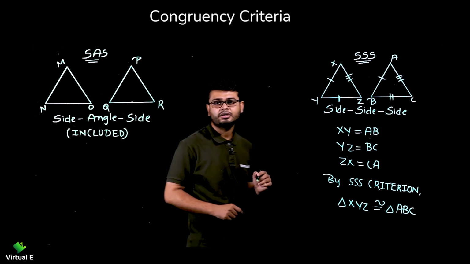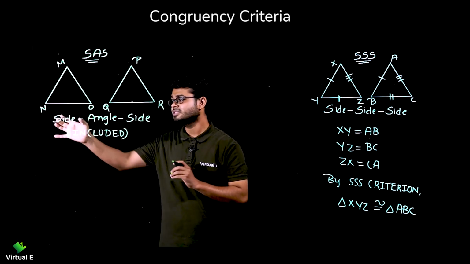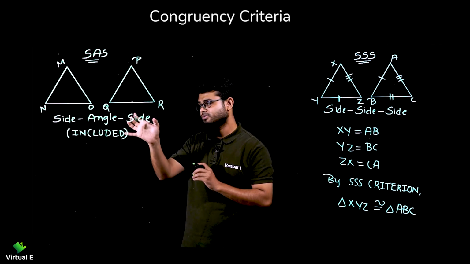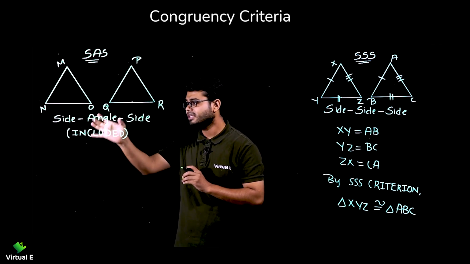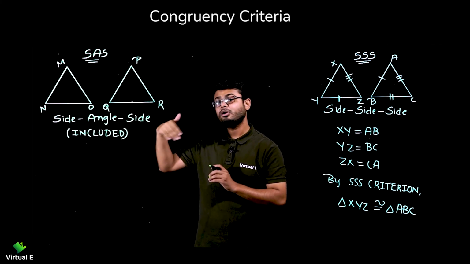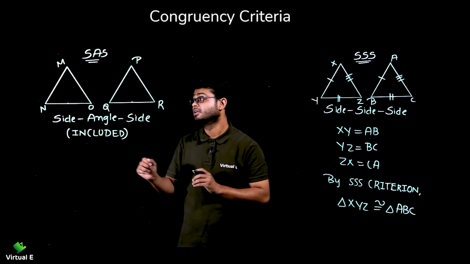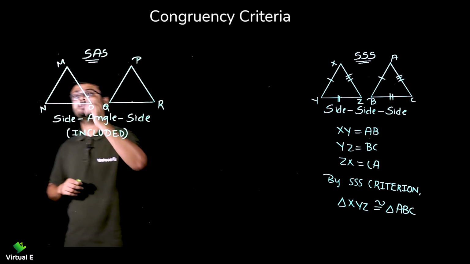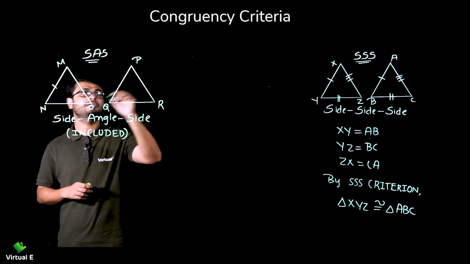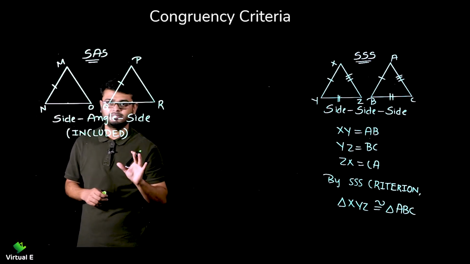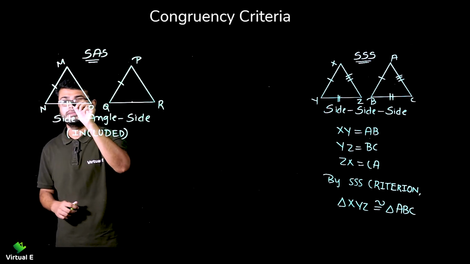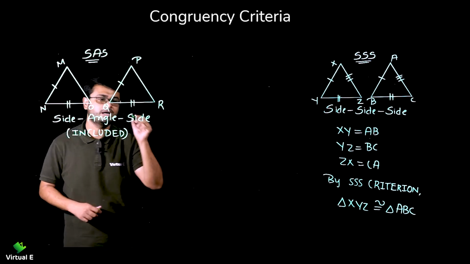This is included angle. Included angle means what? That this side is equal and this side is equal. Between them there should be this angle, right? It cannot be anywhere else. Remember, this is very important condition. Let's say I want to explain that. So let's say MN and PQ is equal and another NO and QR is equal.